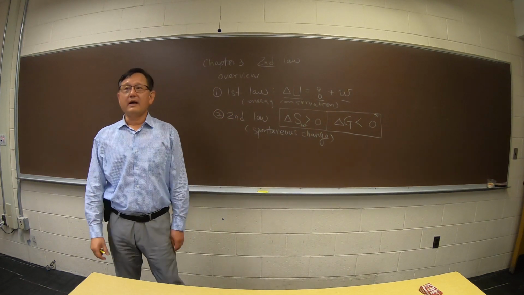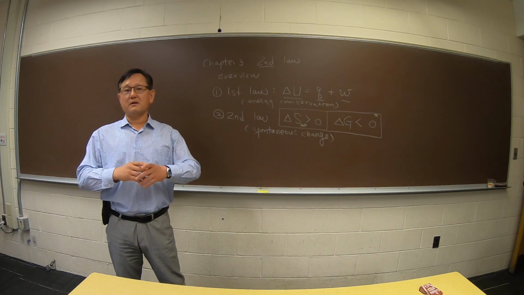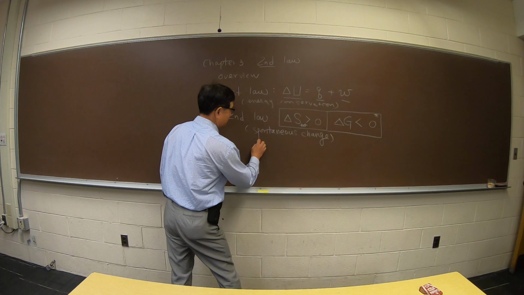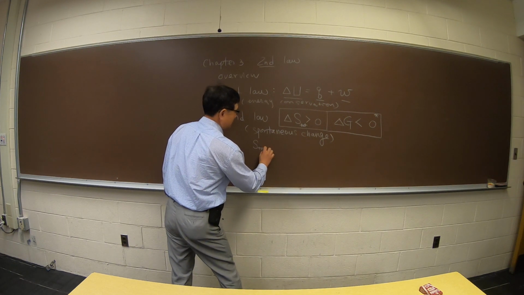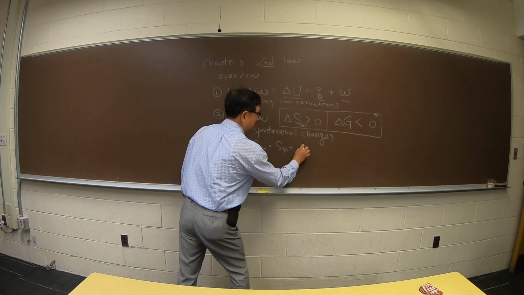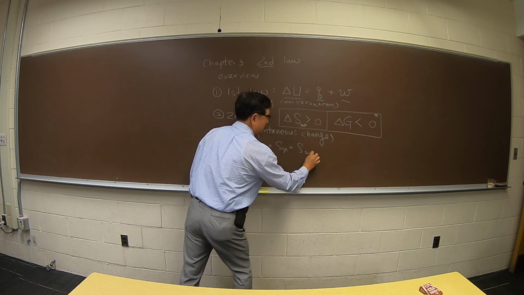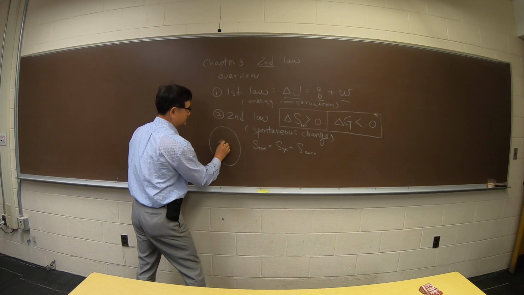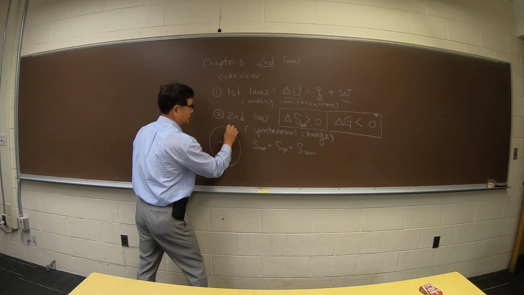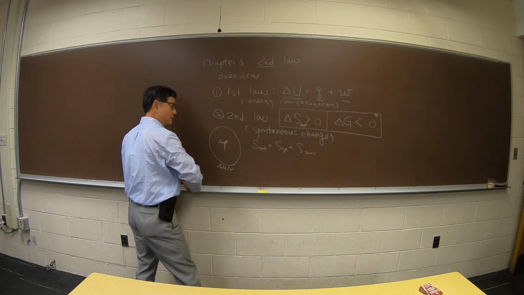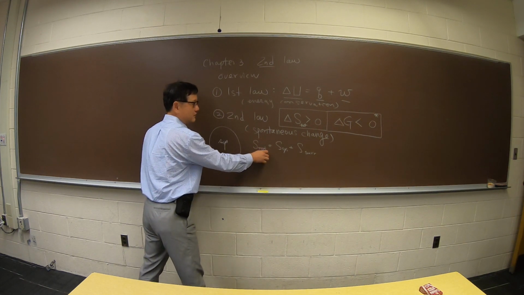The entropy of the total, which is the system plus surroundings. Let's say this is the system, this is the surroundings, so everything together is the total.